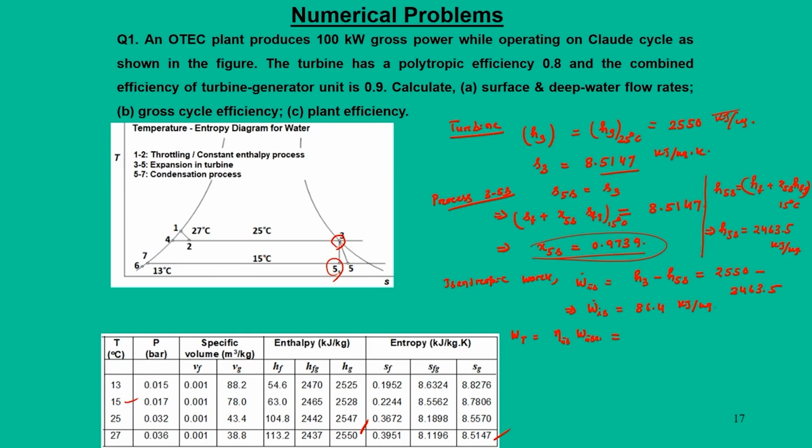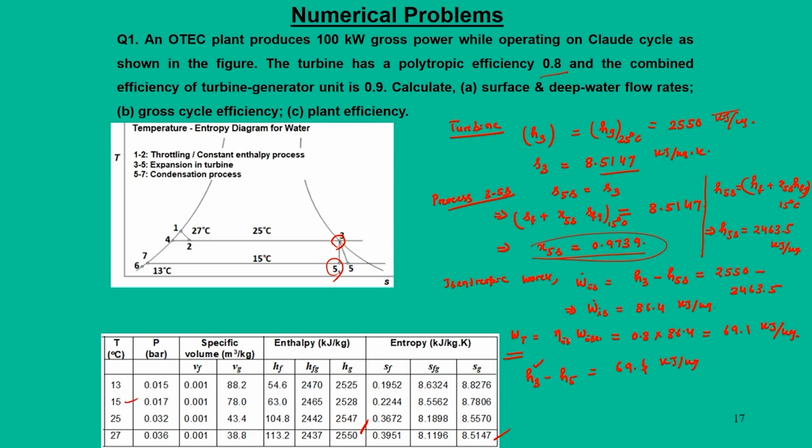So, efficiency of the turbine is 0.8. So, 0.8 times 86.4. So, this number is 69.1 kilojoule per kg. So, we have now turbine work, and this turbine work can also be interpreted as H3 minus H5, that is equal to 69.1 kilojoule per kg.